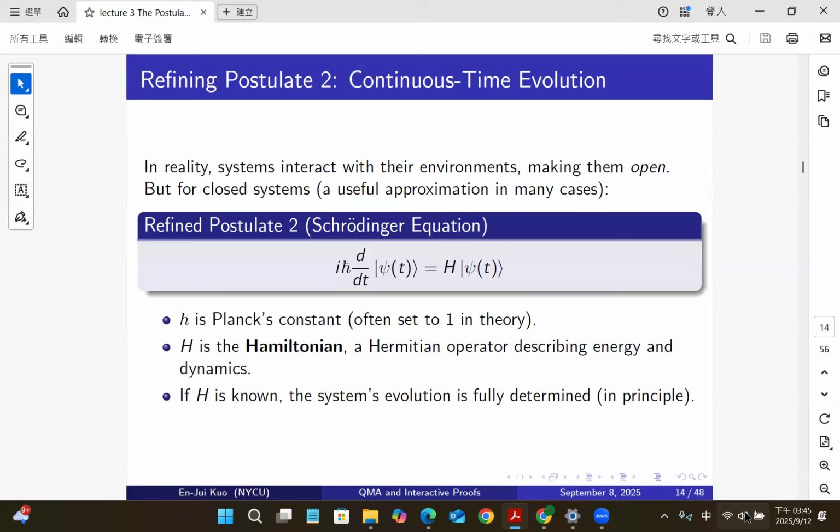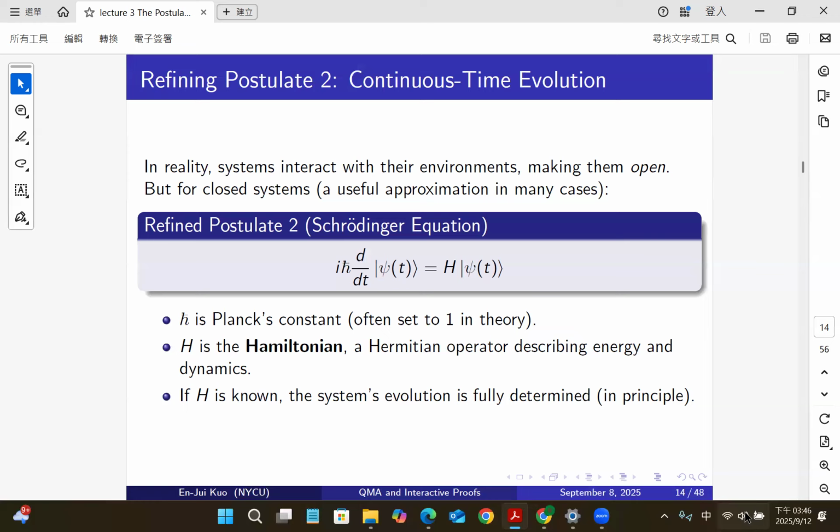I just want to say that the previous axiom tells you that the only allowed operator is unitary, but this is indeed the same as the Schrodinger equation. Because given a Schrodinger equation, the evolution is basically exponential of minus i times a Hermitian matrix times t, applied on the initial state. And obviously this is unitary. This works because H is Hermitian, so it has real eigenvalues.